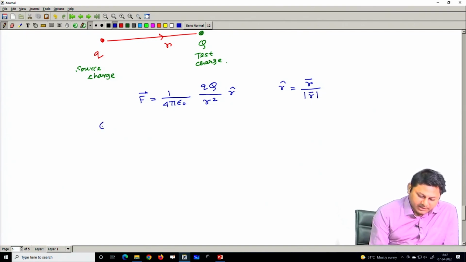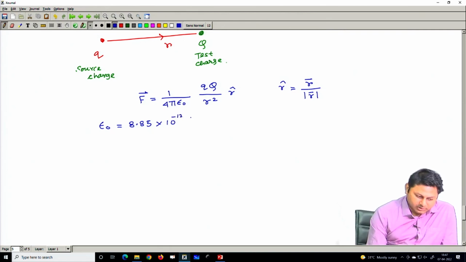Okay. The value of epsilon 0, which is called the permittivity of free space, is roughly 8.85 into 10 to the power of minus 12 Coulomb square per Newton meter square.